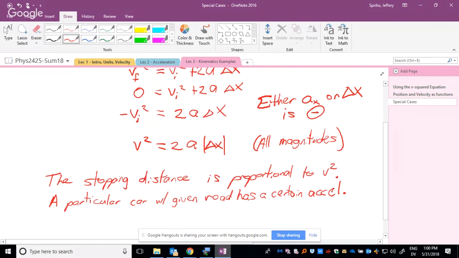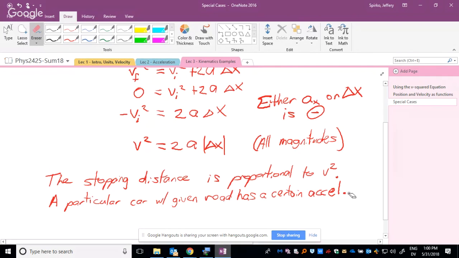And I guess I could summarize that by saying that if you have a particular car on a given road, then it has a certain amount of acceleration that it can achieve. That's not saying it's always driving around with that acceleration. That's just the maximum acceleration that it can have.